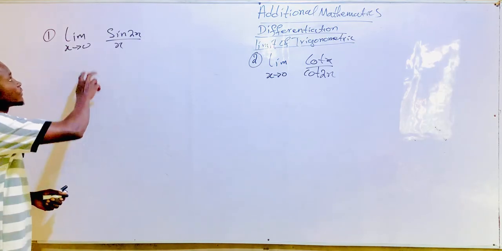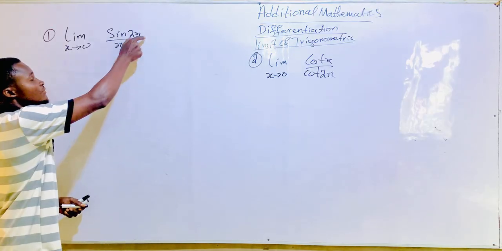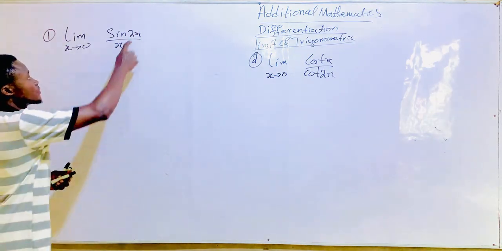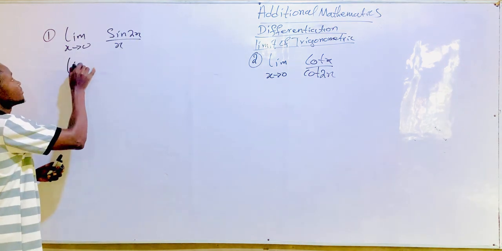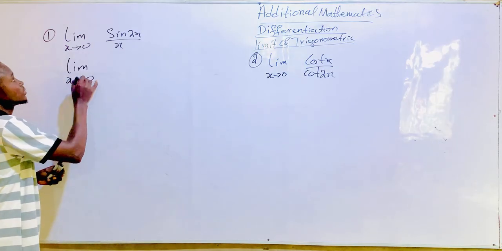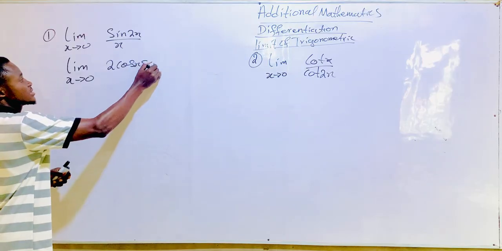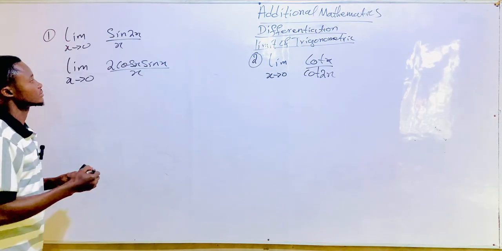From the look of things, we have sine 2x, so there's a trigonometry identity occurring here. We have to replace the identity, which gives the limit as x approaches 0 of 2 cos x sine x all over x.